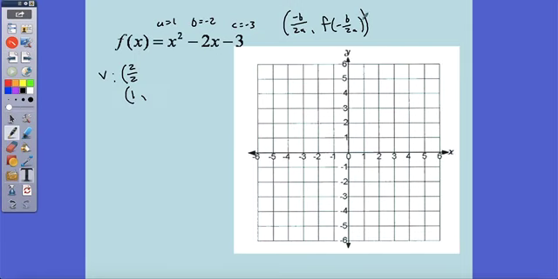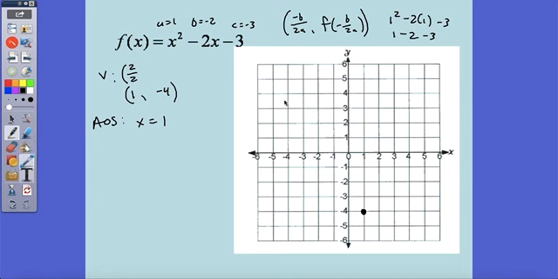Then we plug back in, and we get 1 squared minus 2 times 1 minus 3. That's 1 minus 2 minus 3, which is negative 4. So (1, -4) is our vertex. And then the axis of symmetry is x equals 1.